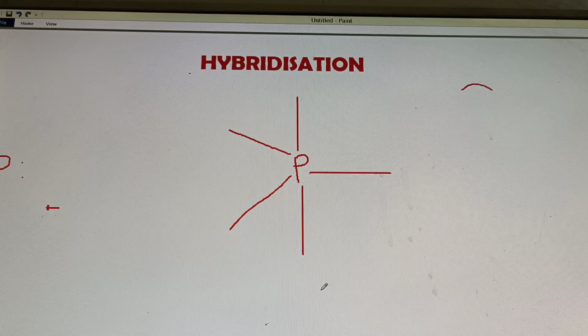So this is TBP structure, trigonal bipyramidal structure, and each orbital is attached with a chlorine by covalent bond.